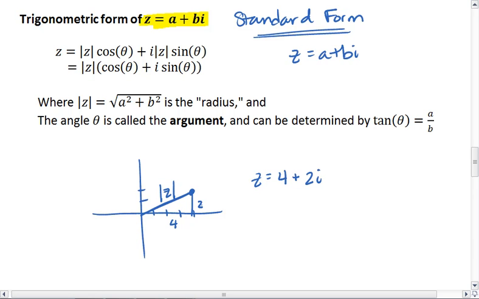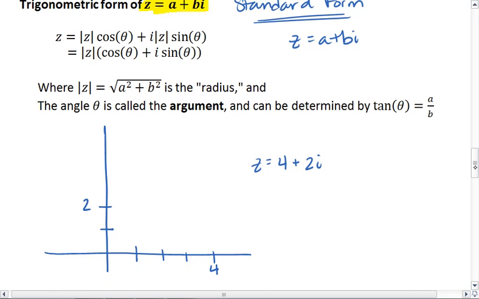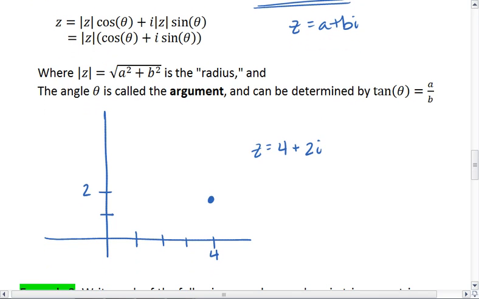What we then can realize is if we take this angle theta, let me make this a little bit bigger to see. Okay, we have the point 4, 2i. We know the distance of that point from the origin is called the magnitude.